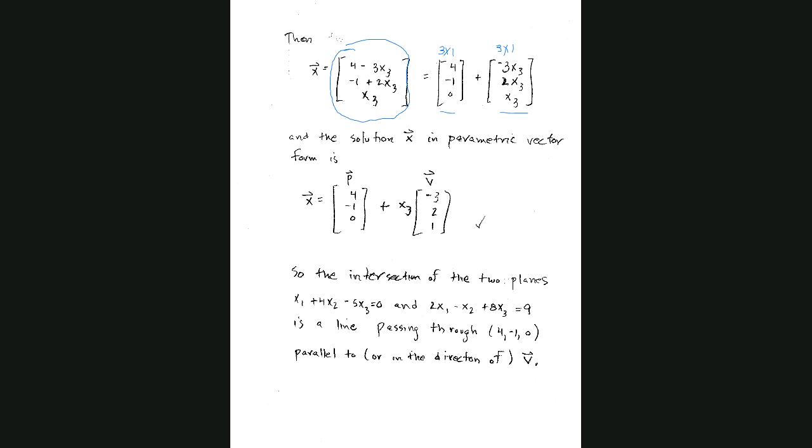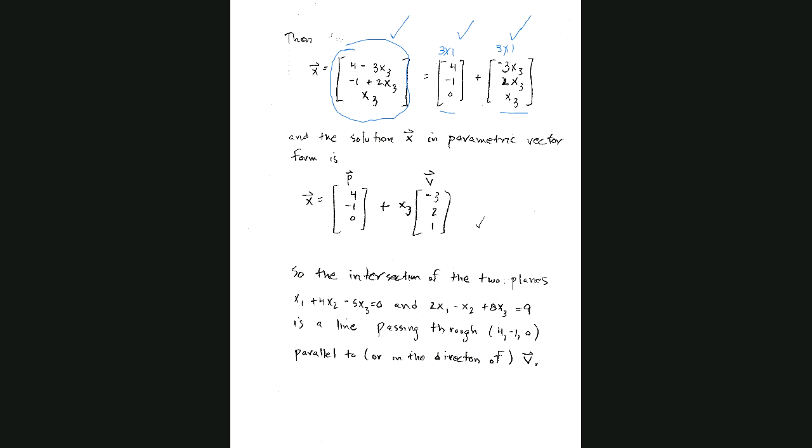So writing the single vector with entries 4 minus 3x3, -1 plus 2x3, and x3, I can write that as the sum of the two vectors over here to the right. The sum of the vectors 4, -1, 0, and the other vector -3x3, 2x3, and x3.